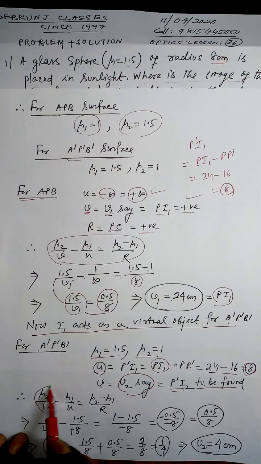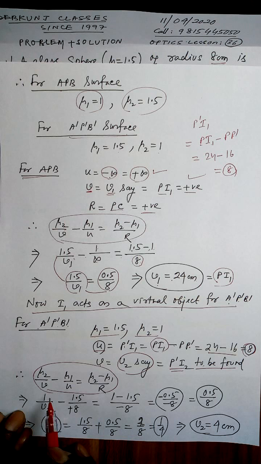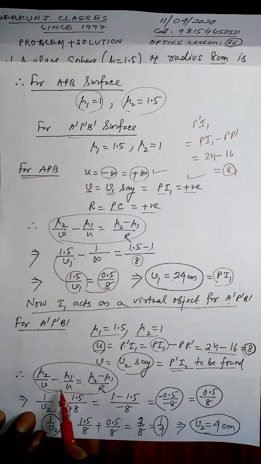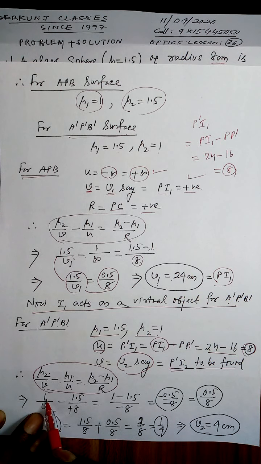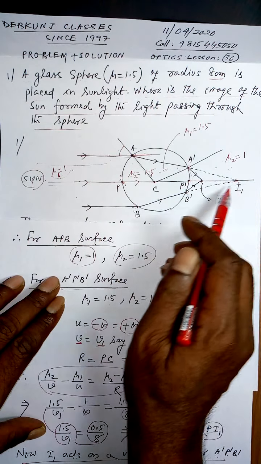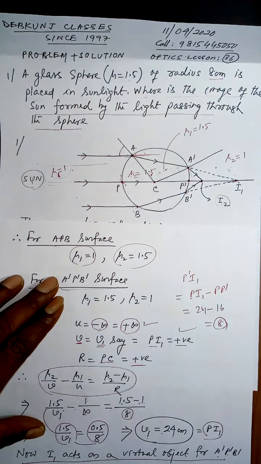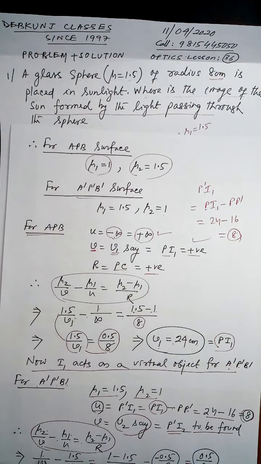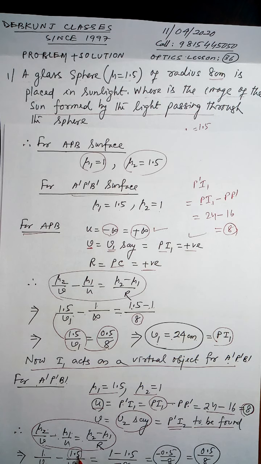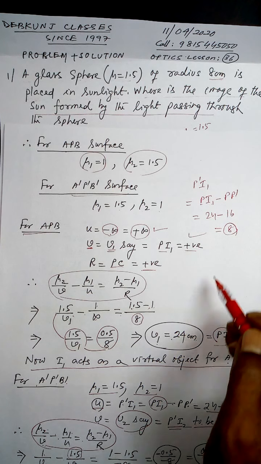Now use the same expression, mu2 by V minus mu1 over U is equal to mu2 minus mu1 over R. For mu2 I put 1, because that is the medium to which light is refracted. So 1 over V2 minus mu1, the medium from which light is coming, the glass sphere, refractive index 1.5, divided by plus 8, which I just calculated.